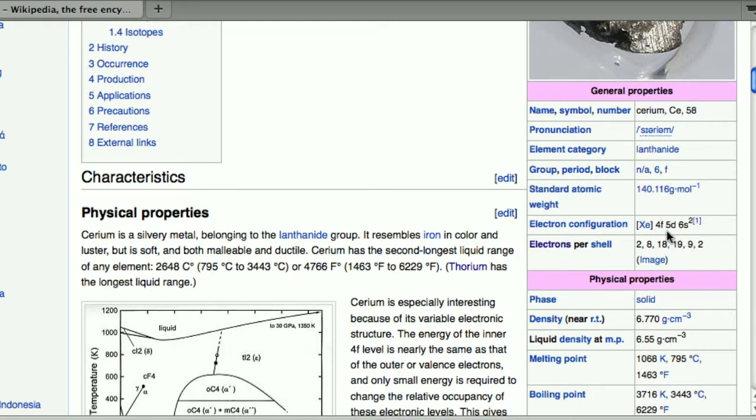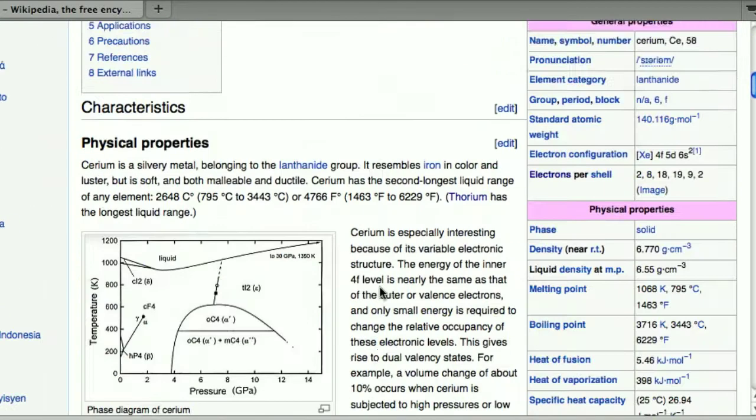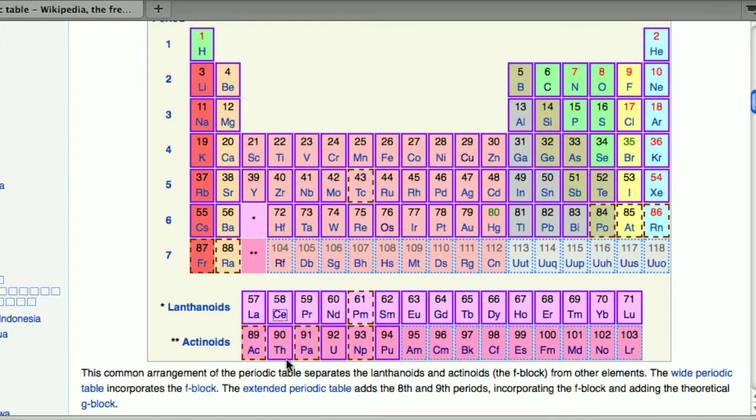If I'm confusing you by talking about that, let me know, and I'll maybe make a video explaining that last statement a bit more. Anyway, what I mainly want to get across right here is that cerium is an exception to our rule for electron configurations. Let's just look at a couple more of these.